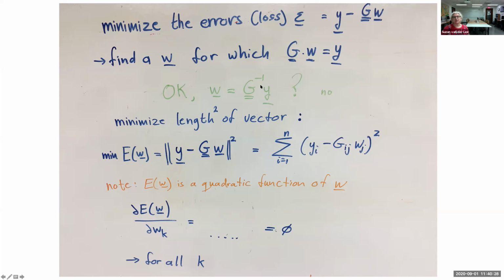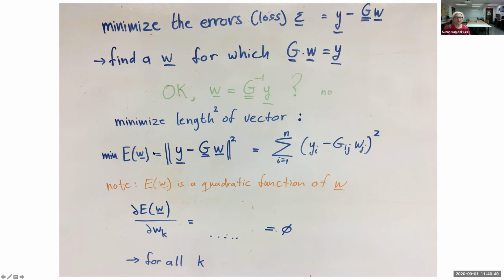So instead, let's minimize the length of this vector epsilon, which is the difference between the data and the observations. That would be this vector right here, and we take the square of it so that we are not bothered by whether the difference is positive or negative.